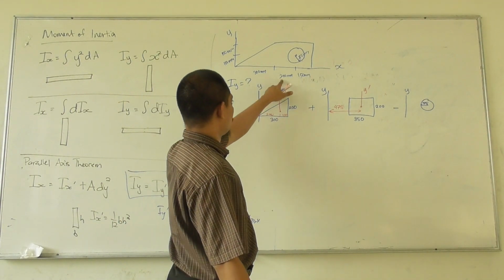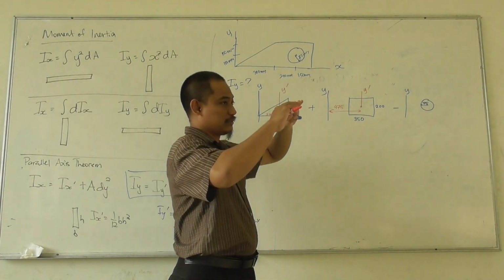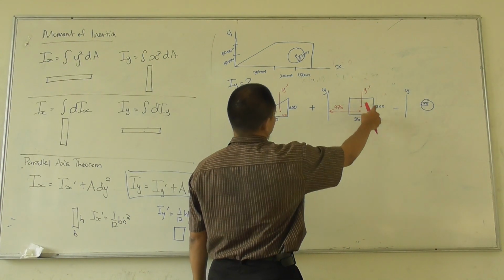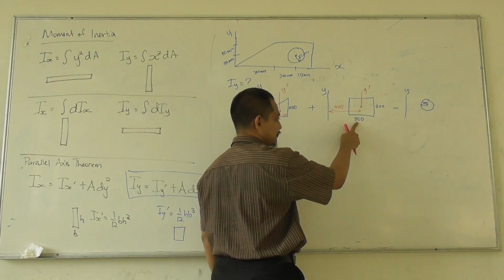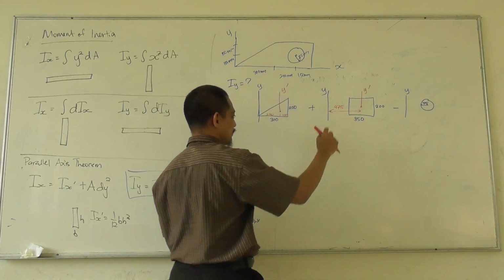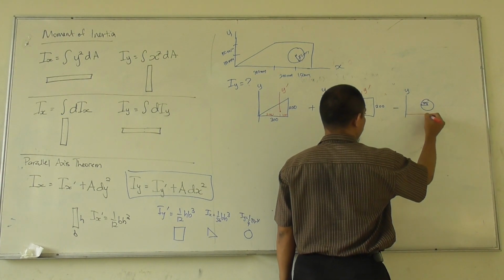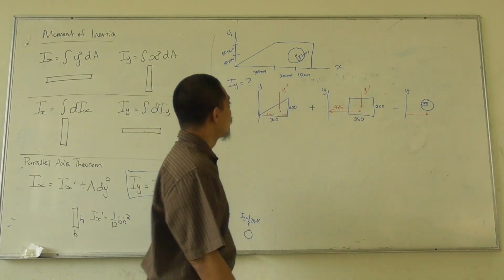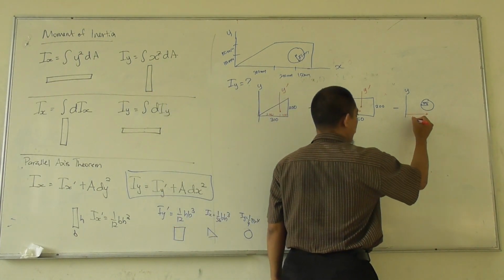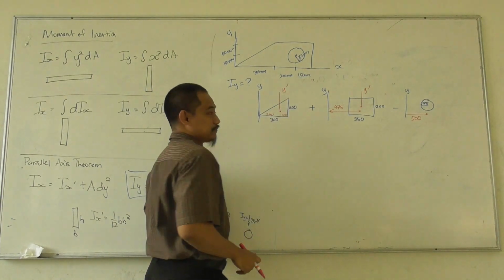Do not add 300 and 200, because this is not at the center, right? This is the center of the circle. The center of the rectangle is half of this 350, which is 175, plus 300 becomes 475. And then for this one, the x is basically just this one, 500, right? Until this center here.